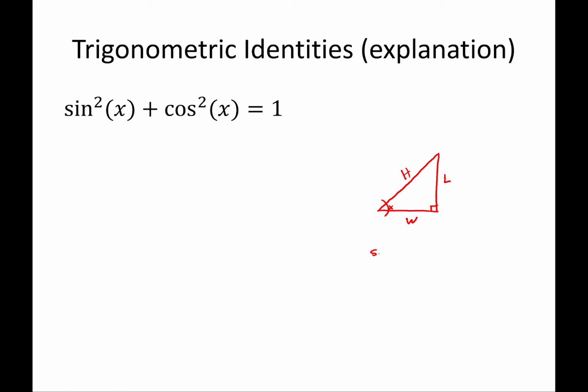Then sine of X is equal to opposite over hypotenuse, which is L over H. Cosine of x is equal to adjacent over hypotenuse, which is W over H.